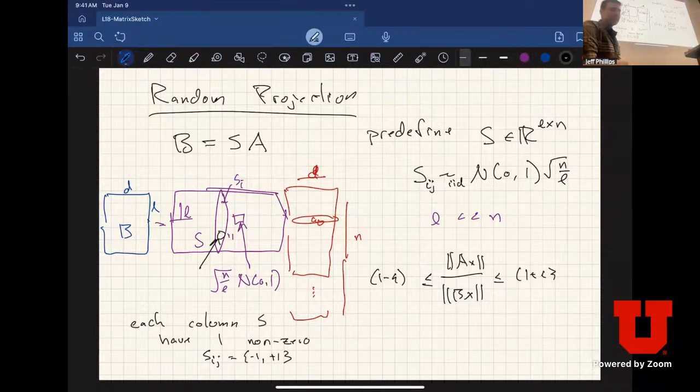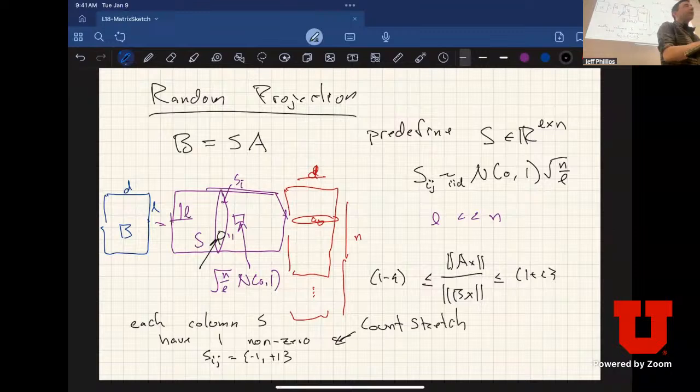Okay, so what this is doing is exactly like a count sketch. Not the count-min sketch, but the count sketch, which is the frequency approximation idea, where I hashed every item into a bin, and each row now is like the item. And instead of adding it to exactly one thing, I'm adding or subtracting at random.